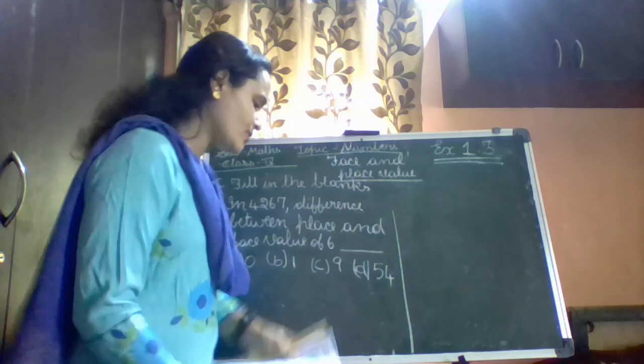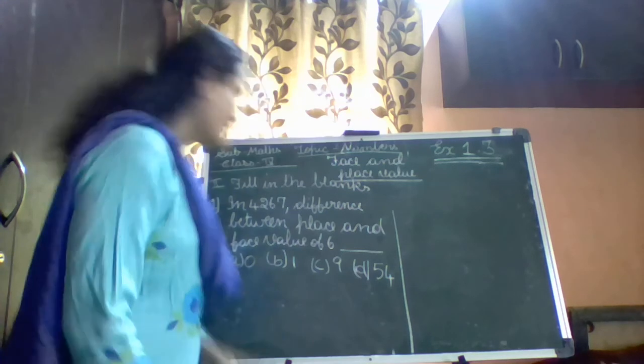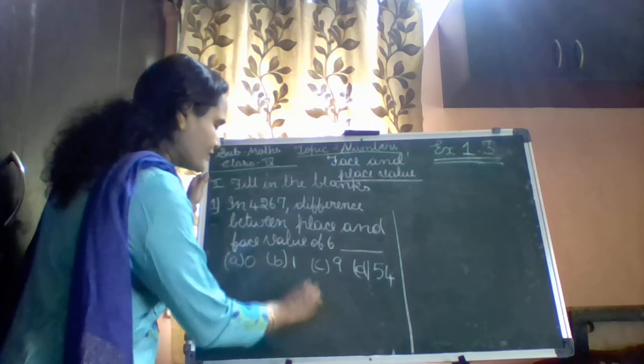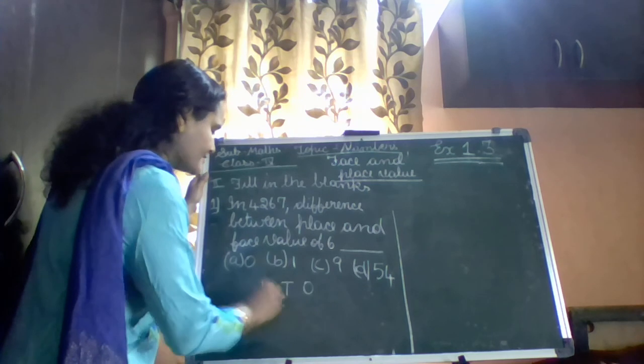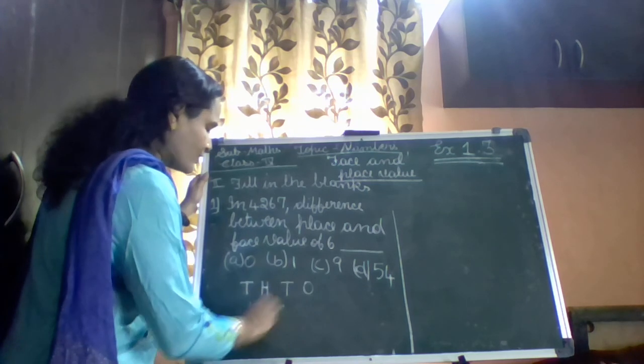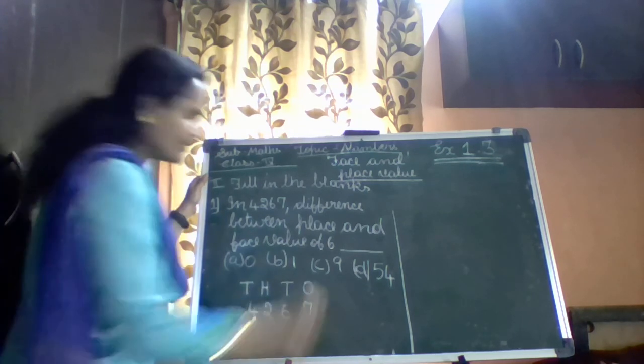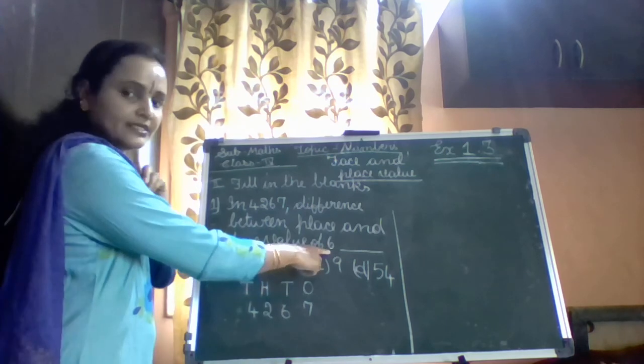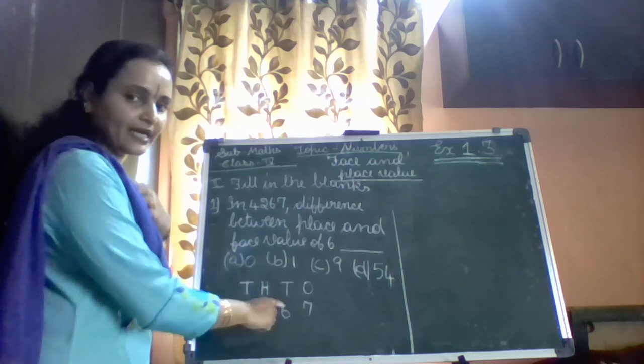Okay. So how do you do this? This is a very simple one. Now first write the numbers in the place values: ones, tens, hundreds, thousand. 4267. Okay, this is the number. So now here the number 6. 6 is in which place? It is in tens place, right?